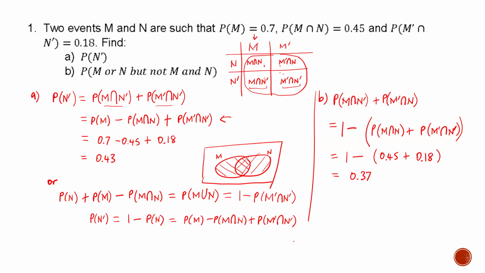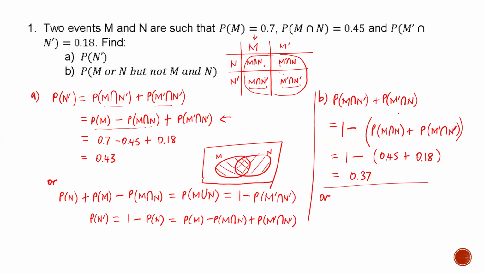However, you could do this in another way. There's more than one way to get this answer. You could get M intersection N complement, which like we saw from this part is equal to the probability of M minus the probability of M intersection N, and that should give you 0.25. You could also get M complement intersection N. How would you do this?